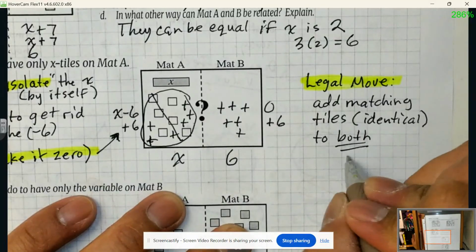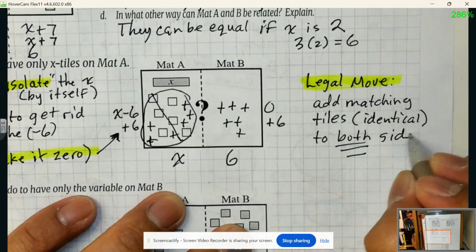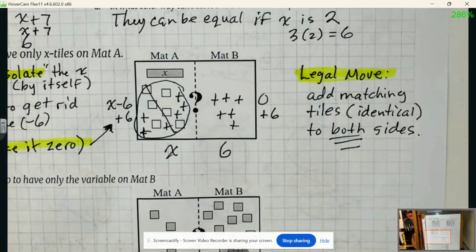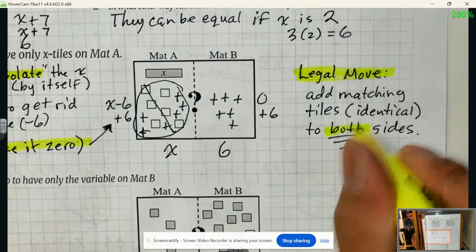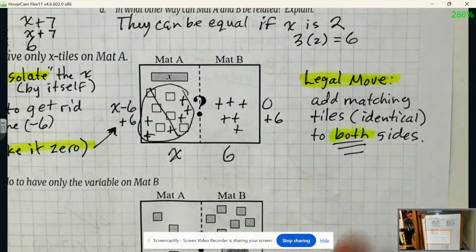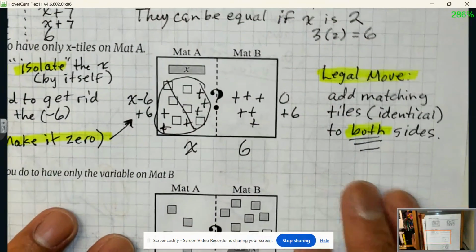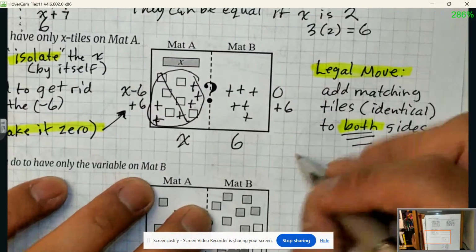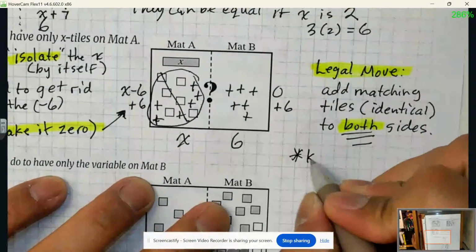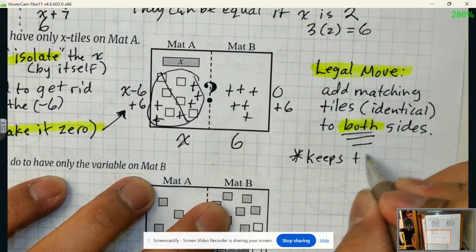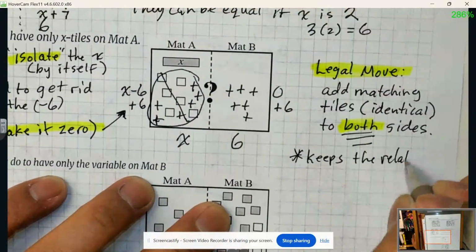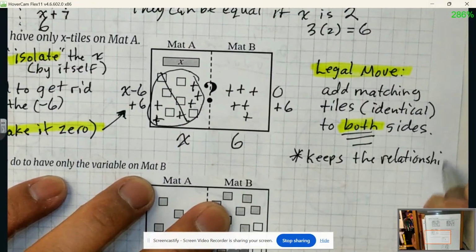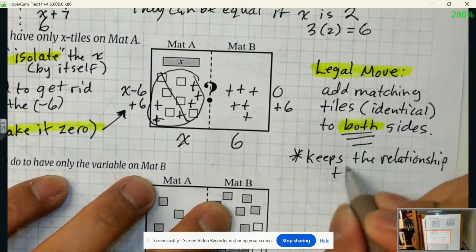Okay, and you have to make sure that you're adding it to both sides, or else it would not be a legal move. Okay, must be both sides to restore the balance. Okay, now the reason again, let me remind you, this keeps the relationship the same.